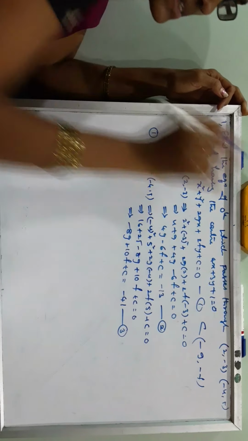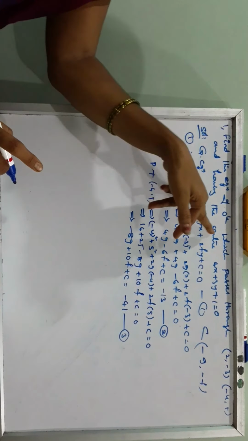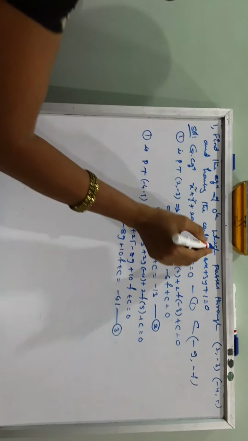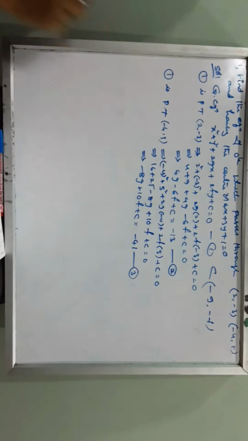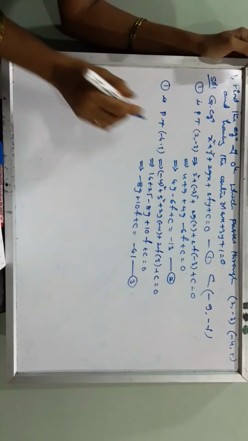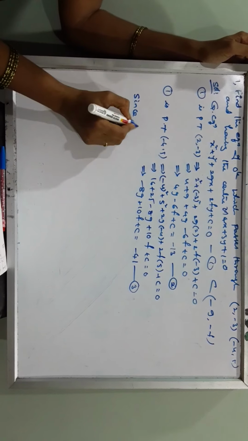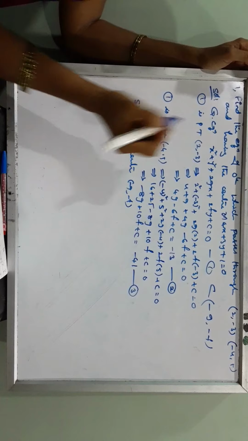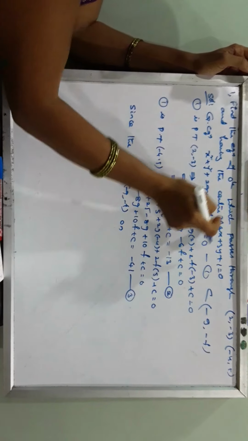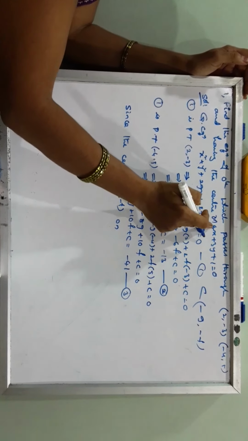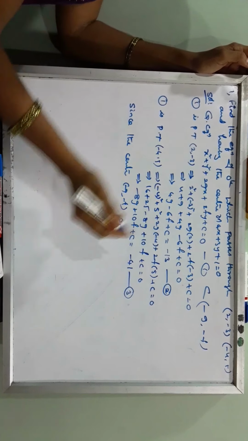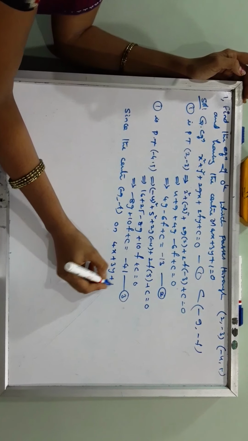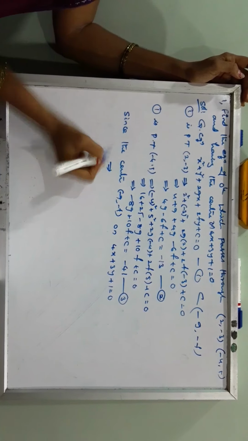Since the center (-g, -f) lies on the line 4x + 3y + 1 = 0, the general form of a straight line is ax + by + c = 0.